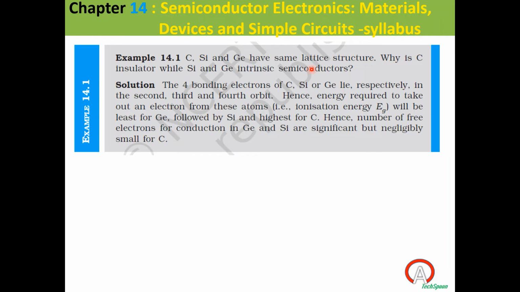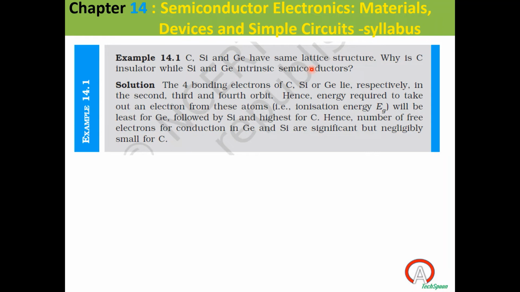So the valence electrons are coming in the third orbit in the case of silicon and germanium. But in the case of carbon, the valence electrons are in the second orbit. So in carbon, the force towards the nucleus is more, because the distance is very small.